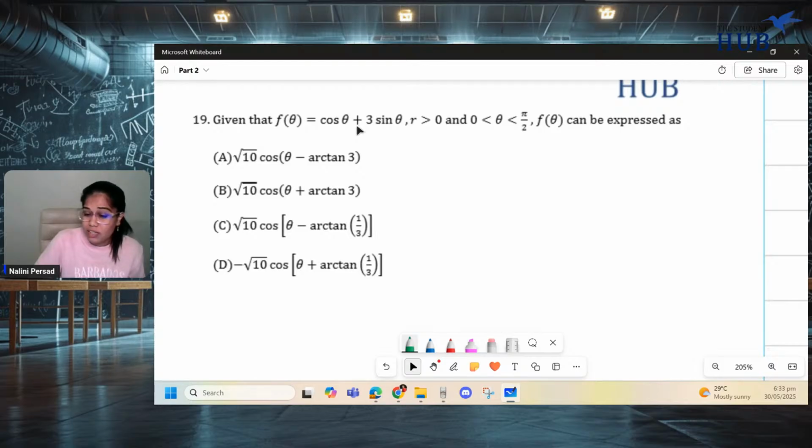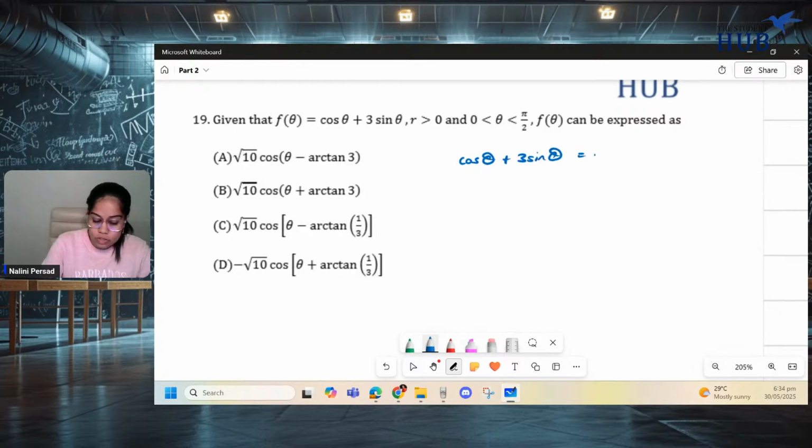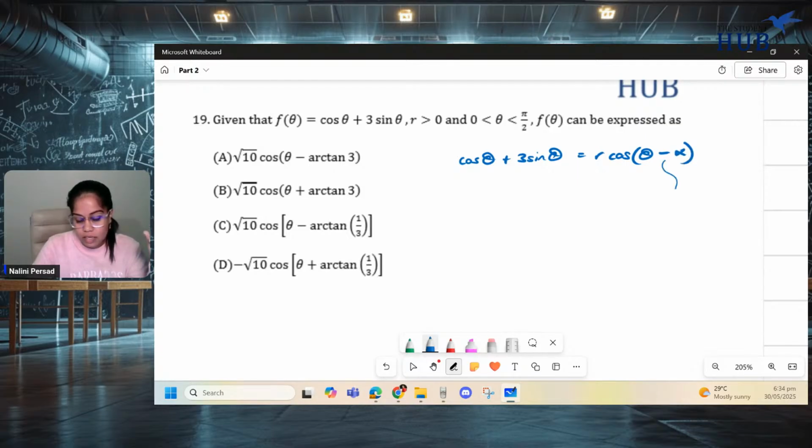If you recall your addition formula, you want to choose the one that has a minus here, not a plus, a minus. The reason being is because when you expand, it has a plus there, and the plus matches up.